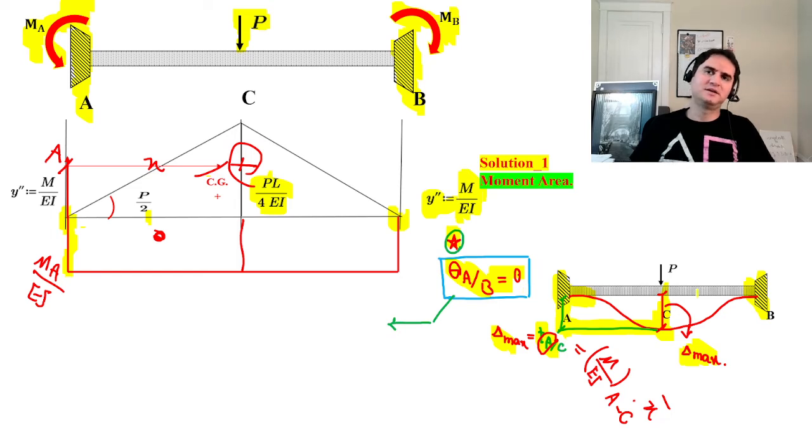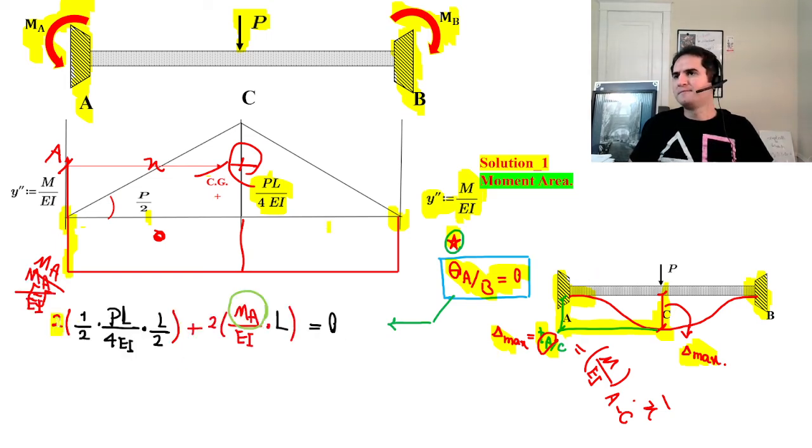So theta A is 0, theta B is 0, theta A with respect to B is 0, and theta is the area under M over EI from A to B. So how does that go? It's 2 of this area, and that's half of the triangle at the top, PL over 4EI times L over 2, which is half of the length, plus 2 of this, and that's MA over EI, and we don't know what that is.